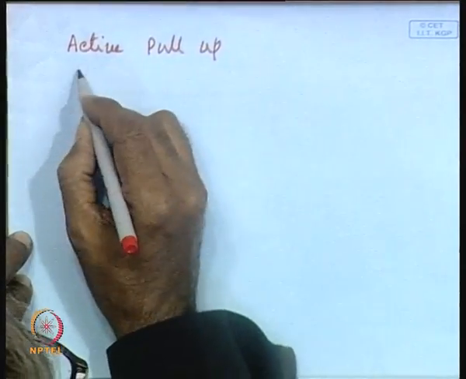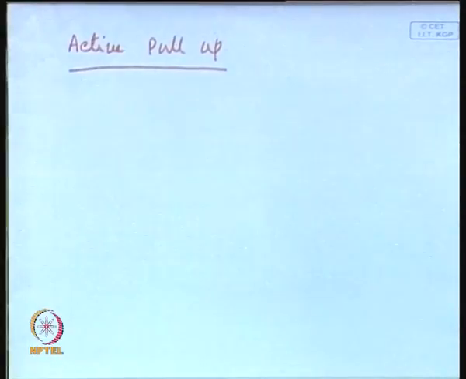Whenever you say active pull-up, what do we really mean? We mean that we shall be using some active device. What kind of active device? Obviously, you will be using a MOS transistor, and we have 4 alternatives at our disposal.